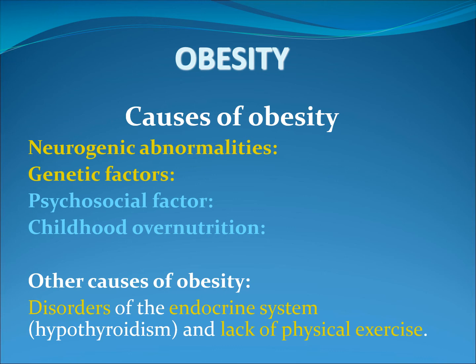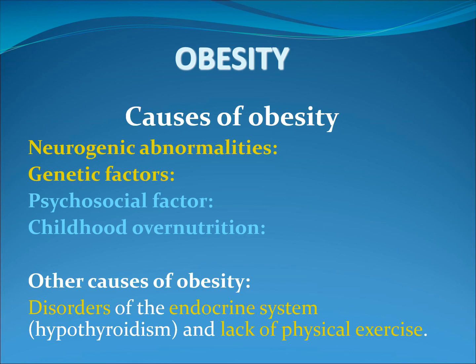Many factors could be involved in the pathogenesis of obesity. I think you know now we have hypothalamic centers and their activities depend on the stimuli that are coming from the body. In some people there is a need for stronger stimuli to inhibit feeding behavior.